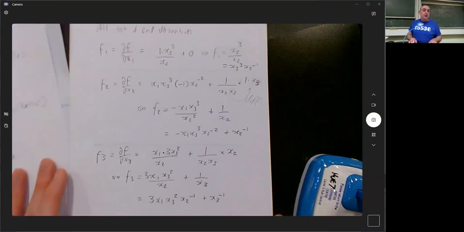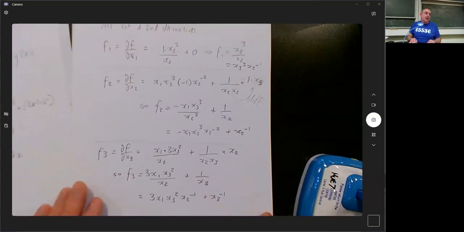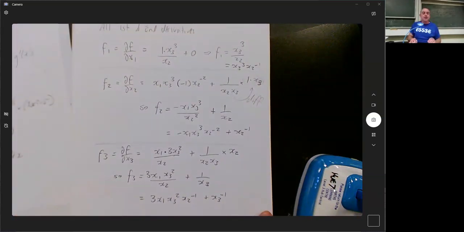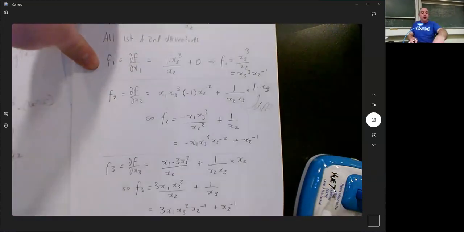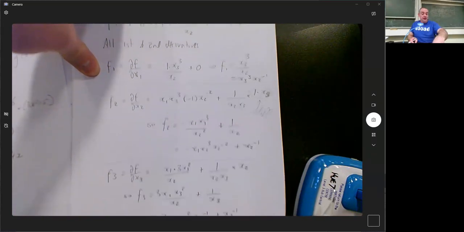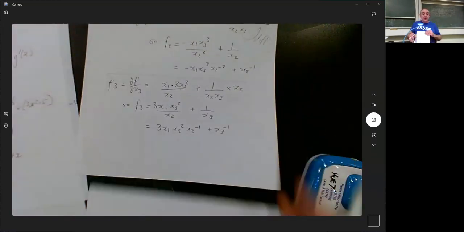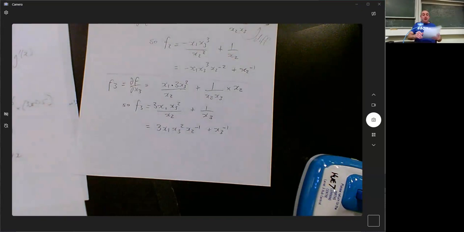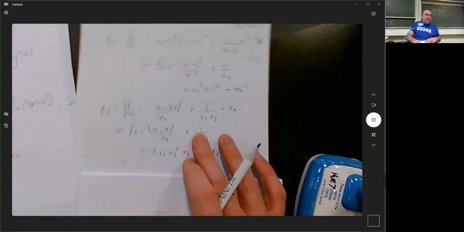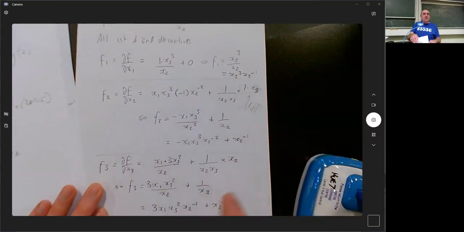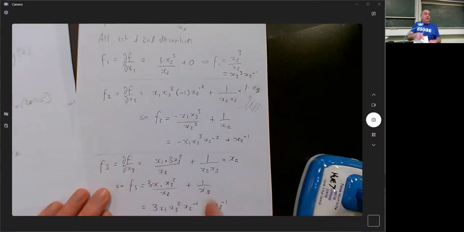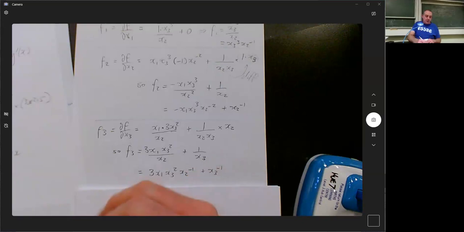So I don't want to do the entire problem because they've now got 6 other derivatives to do, but they're all the first derivatives. They're all done now. And the second derivatives, there will be 9 of them, because each of these is a first derivative, and then I have to differentiate each of those with respect to all 3 of the variables.